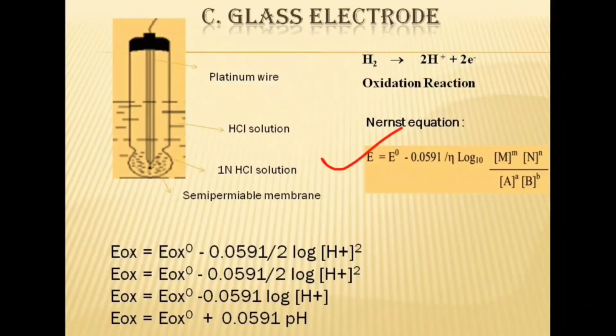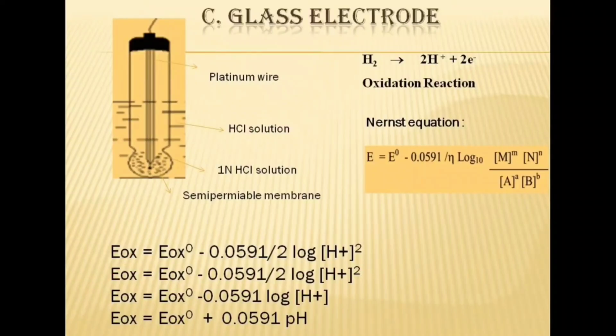Now you know the Nernst equation: E is equal to E0 minus 0.0591 upon n log to the base 10 of concentration of product divided by concentration of reactant. So this equation becomes E oxidation is equal to E0 oxidation glass minus 0.0591 upon 2, because here the number of electrons, that is the value of n, is 2, log to the base 10 concentration of H+ squared.